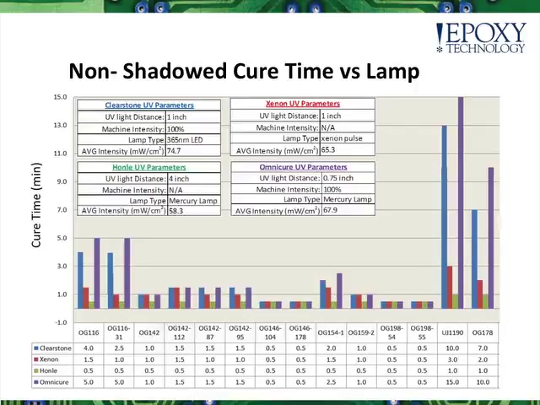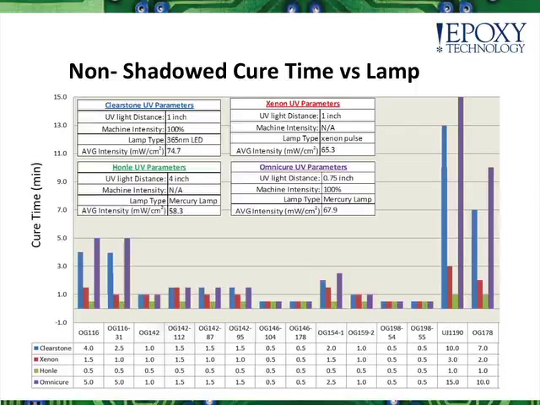Below you can see that with some systems, the lamp did not matter. Let's take the OG 198, 54, and 55. These systems are very fast curing, and any lamp can be used for a great quality of cure.